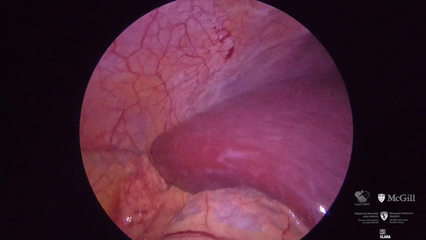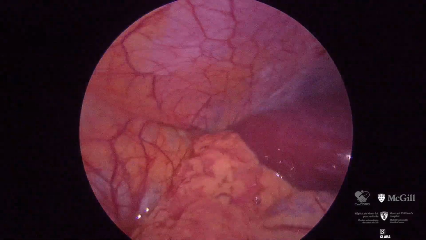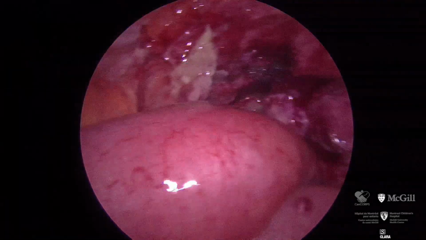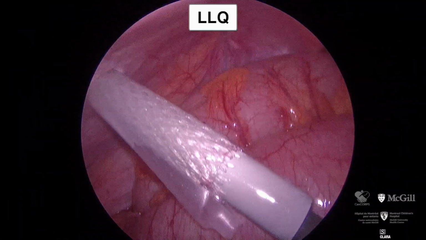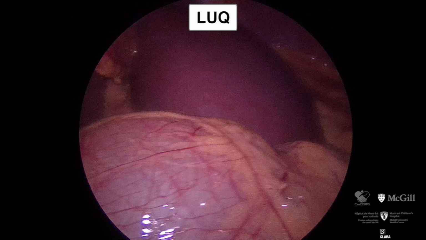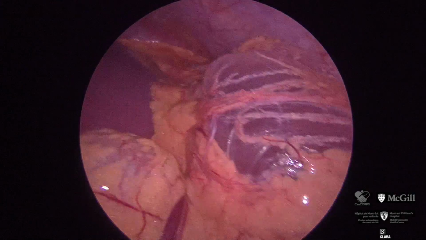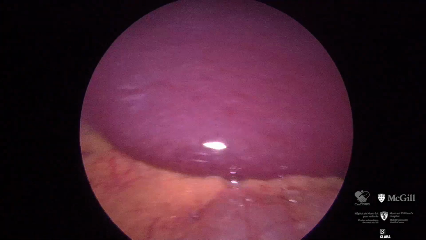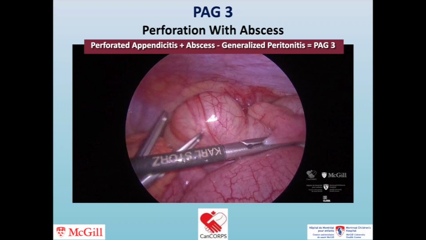A survey of the abdomen shows no evidence of peritonitis in any of the other quadrants or the bowel space. Therefore, this is a perforated appendix with an adjacent abscess, but no purulence outside the right lower quadrant and pelvis, assigned a PAG 3.